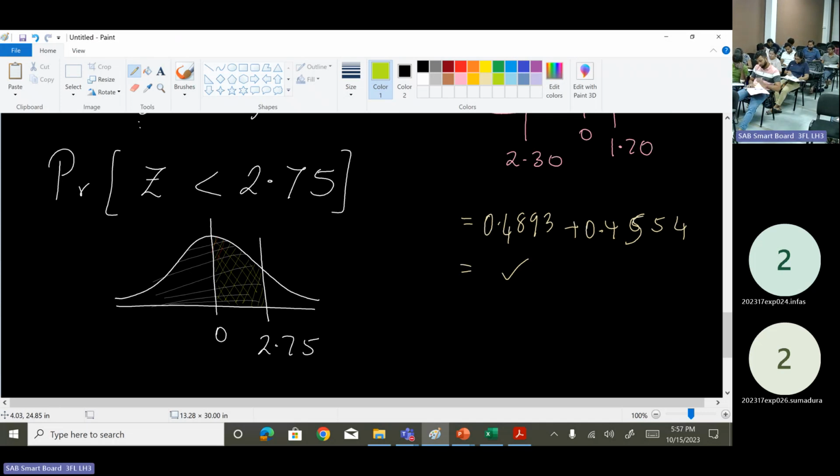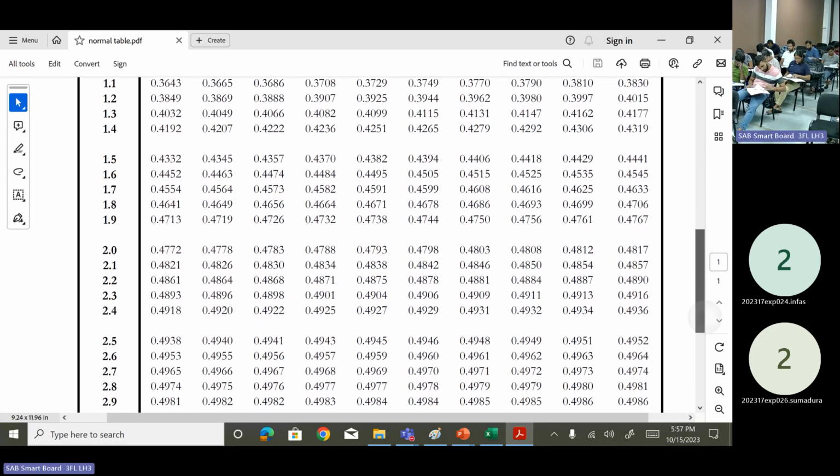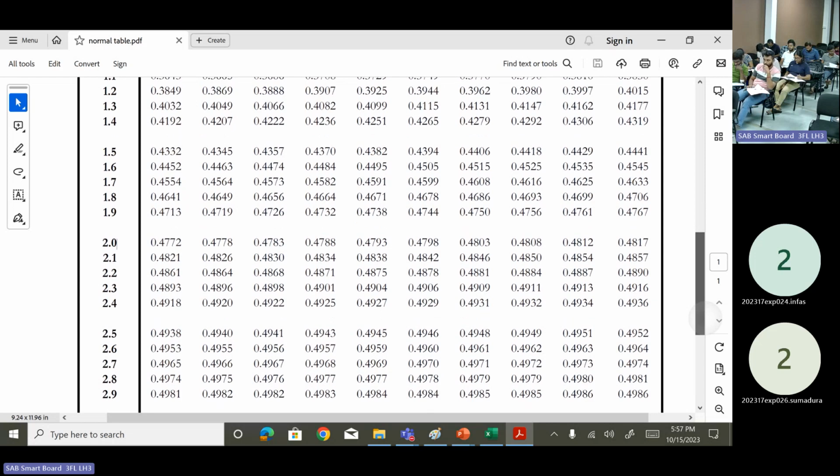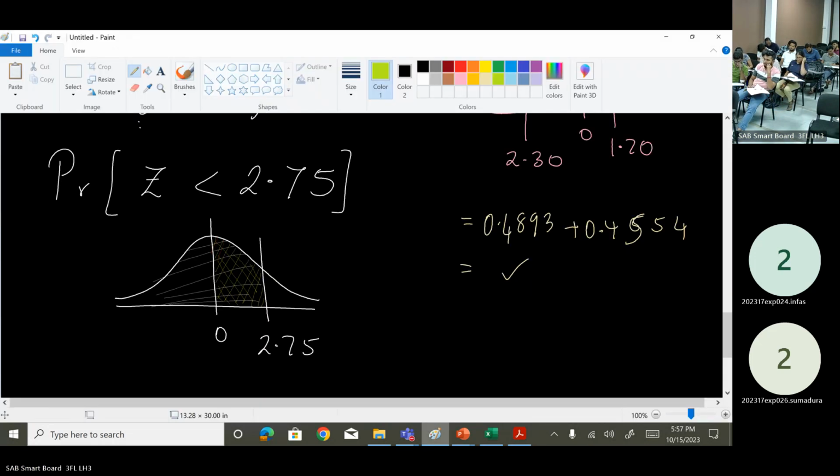So if you refer 2.75, I think it's 0.4970. So this area is 0.5 plus 0.4970, I think.